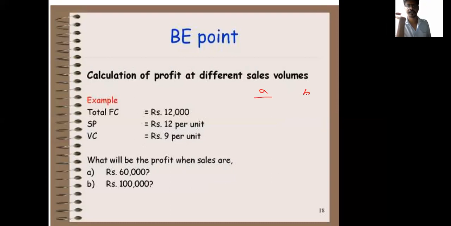A and B. Okay, A in the sense sales 60,000. Here sales 100,000.